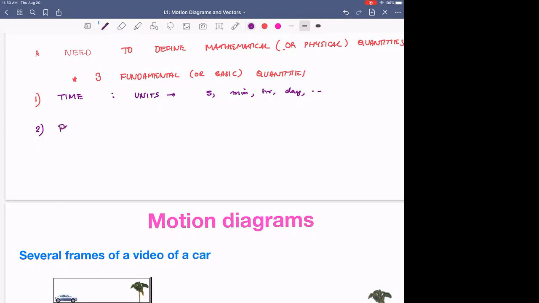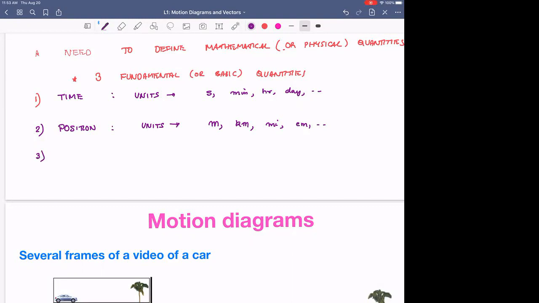So obviously we need to measure the position of an object. And the units on position, of course, you can measure in meters, kilometers. You start with a reference point and say how far that object is from the reference point. So meters, kilometers, miles, centimeters, and so on. There are different units as well.